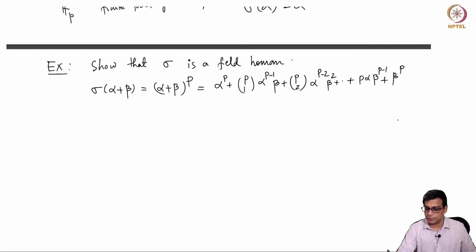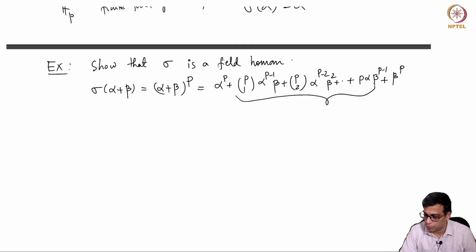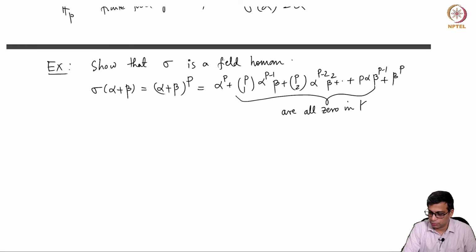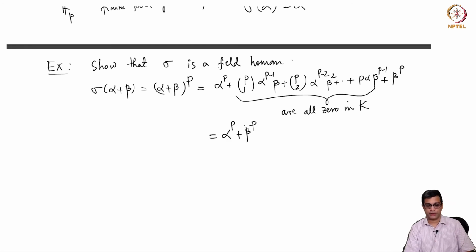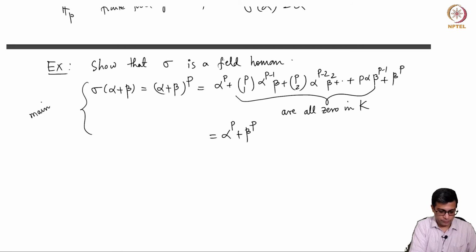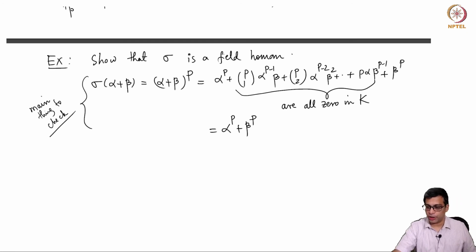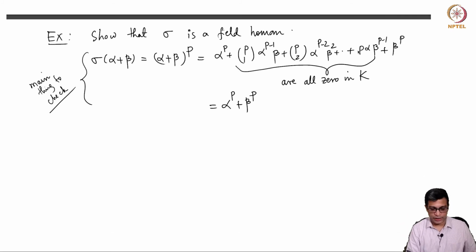But because these coefficients are all divisible by p, they are all 0 in K. So this is just alpha^p plus beta^p. This is a standard statement, and the other things are trivial. So this is the main thing to check for homomorphism. This is a very important field homomorphism for fields of characteristic p.